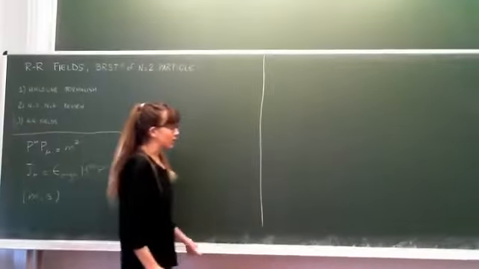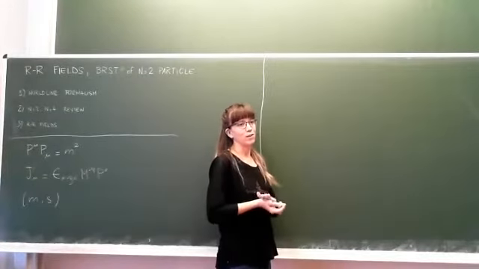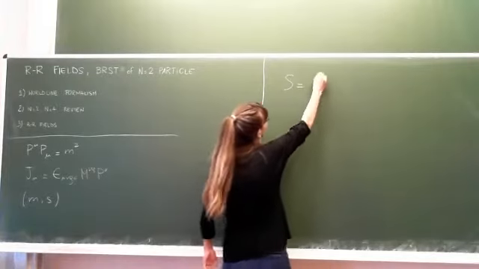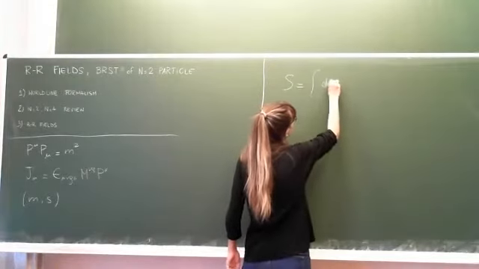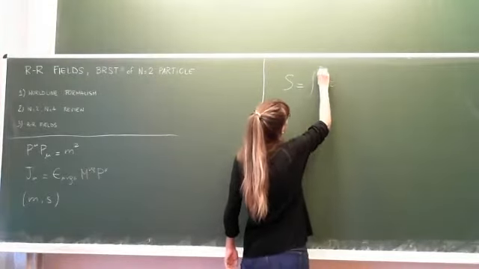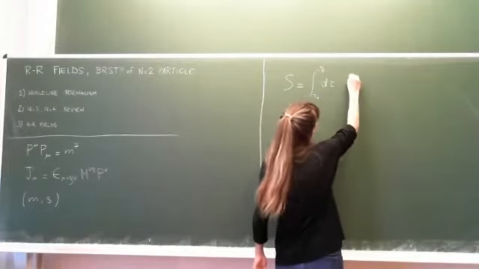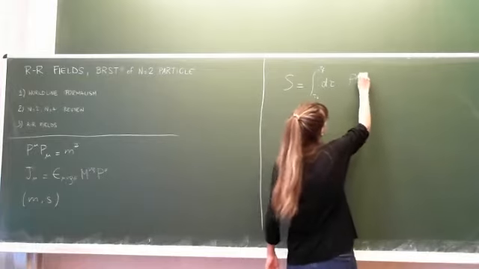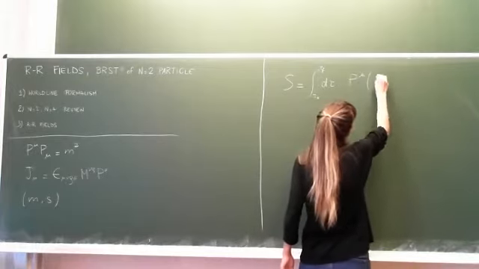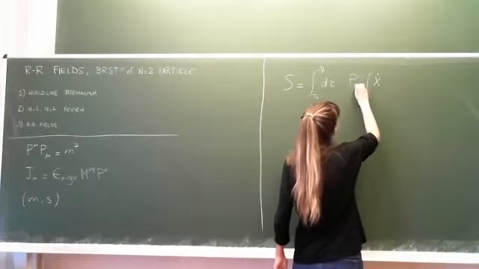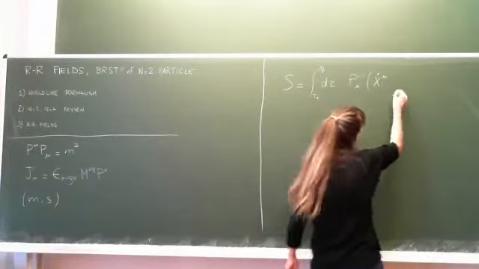So I can, for example, study a scalar particle by writing down an action functional along the worldline. I have P nu x dot nu.